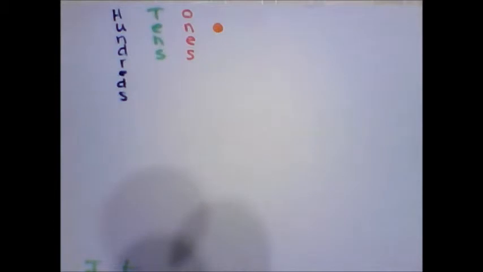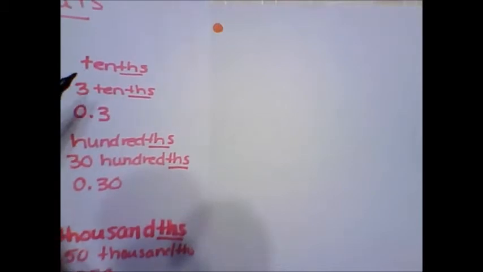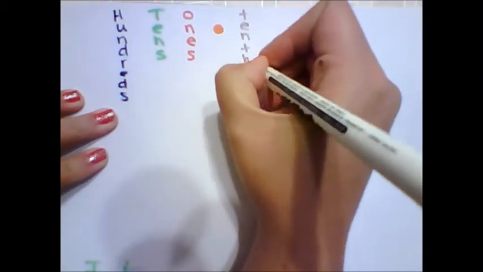So we talked about the number just next to the decimal here, and I'm going to bring our notes out from before. We talked about the first place value being tenths. Now make sure you've got that THS on the end of 10, or else it's going to look just like tens.